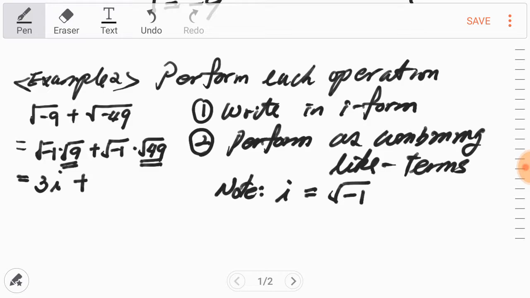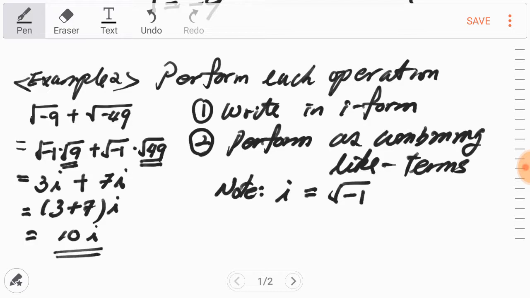Plus 49 is 7 squared, and it becomes 7, and the square root of negative 1 becomes i. So now we have two numbers in i form. Then combine them as like terms. So 3 plus 7 i, which is 10i. This is the result of adding two square roots of negative numbers.